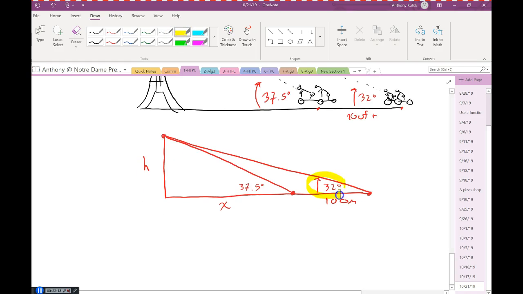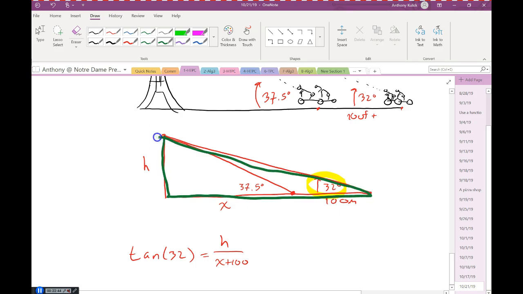Using the 32-degree angle, tan of 32 equals opposite over adjacent. What am I going to call the adjacent? X plus 100, right? Because the triangle that I'm using is this one. Everybody okay there?